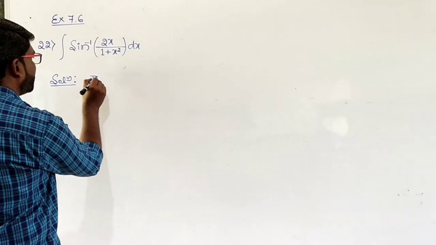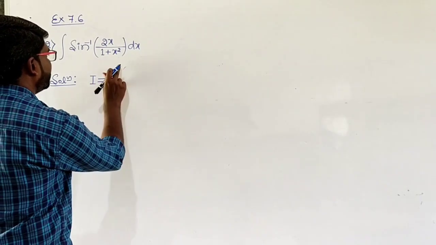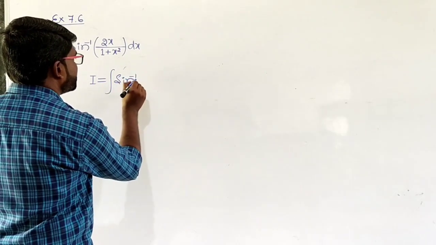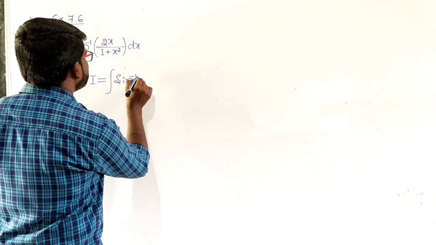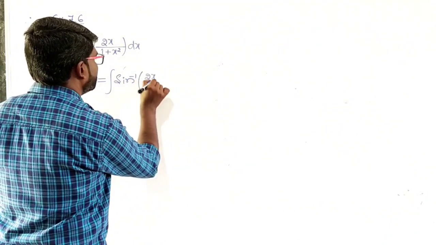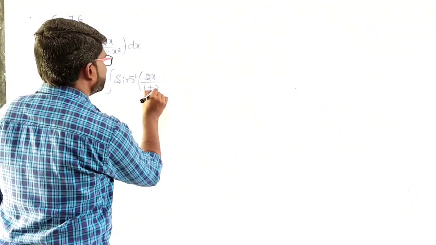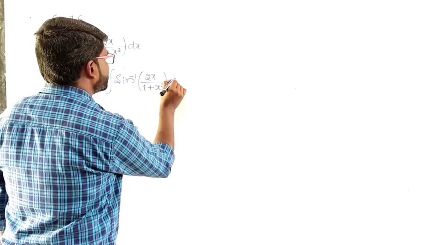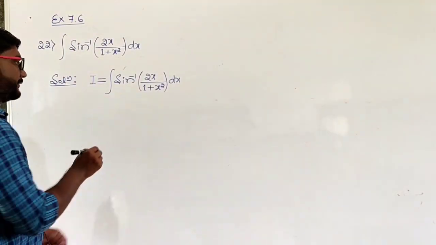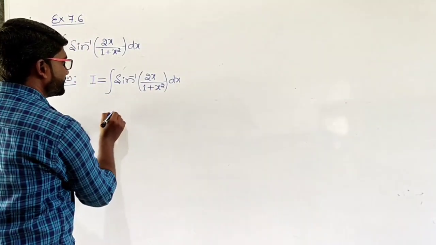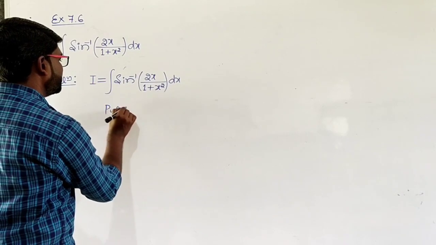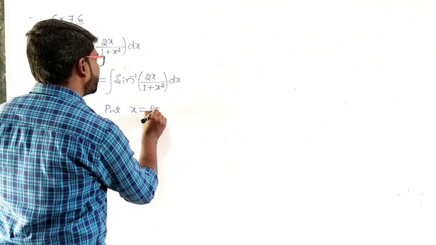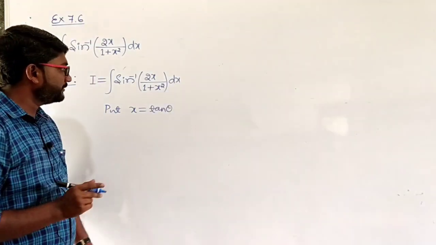So take this as I, which is equal to integral sin inverse 2x divided by 1 plus x square dx, and then put x equal to tan theta.